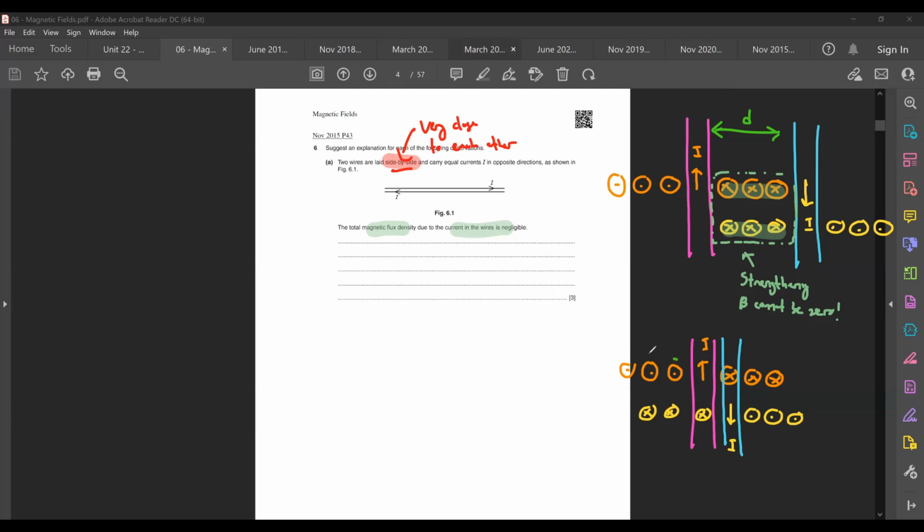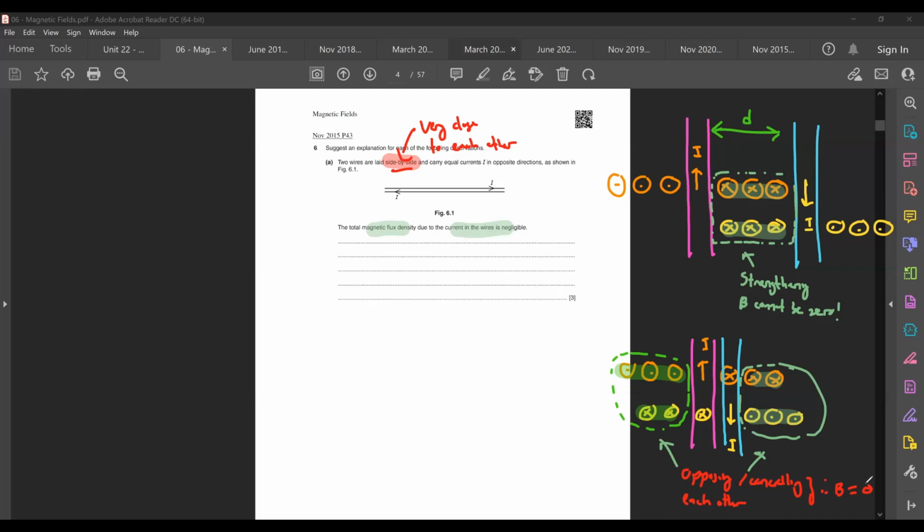Now I see this one. This one is going out. This one is going in. And then after that, you look at the opposite side, this one. This one is going in. This one is going out. So you see, these two are actually opposing each other. Opposing or cancelling each other. Okay. Therefore, B can be 0.